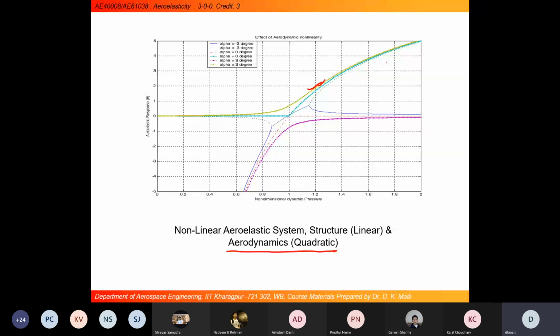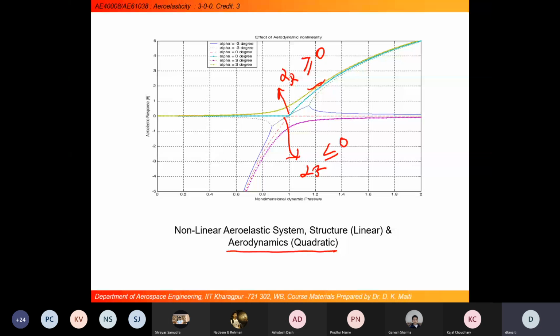When alpha is non-zero, we get one route like this.